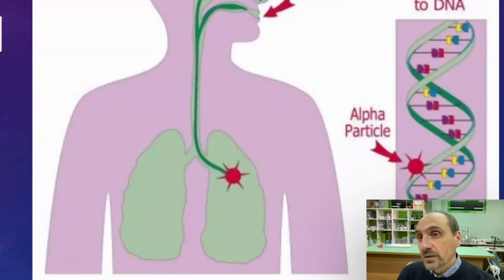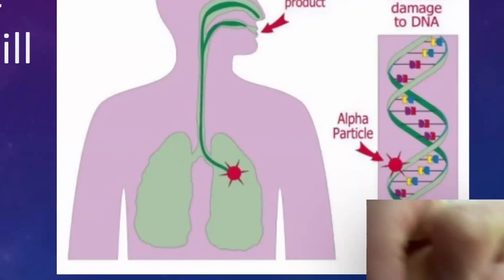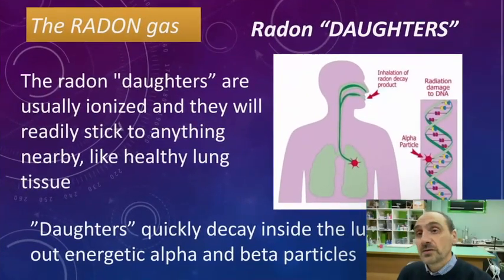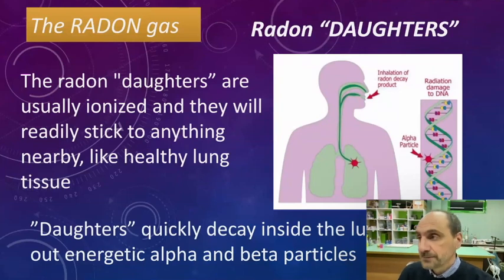And alpha particle is very energetic and could damage the DNA, for example, breaking some chemical interaction between different molecules.